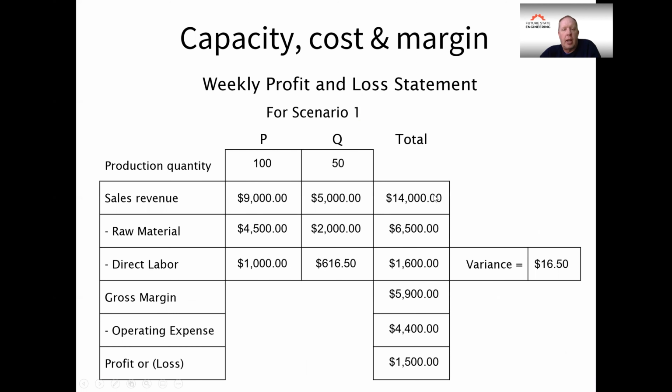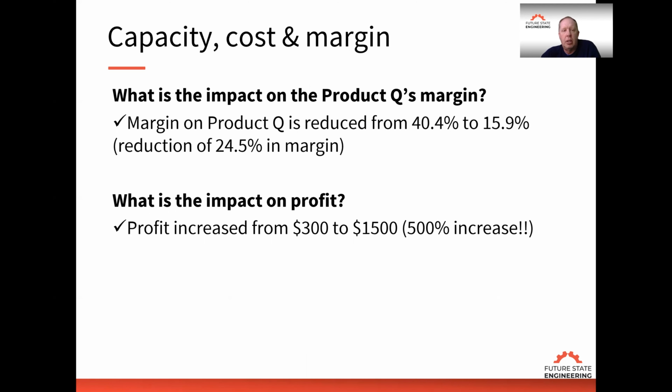So now if I look at that from a weekly P&L statement, I'm able to produce all of P and all of Q. When I calculate the profit and loss, profit goes up 5x. The margin on the product went down, but the profit went up 5x. So how is that possible? When the individual product margin is reduced, but profit increases, how can it be?